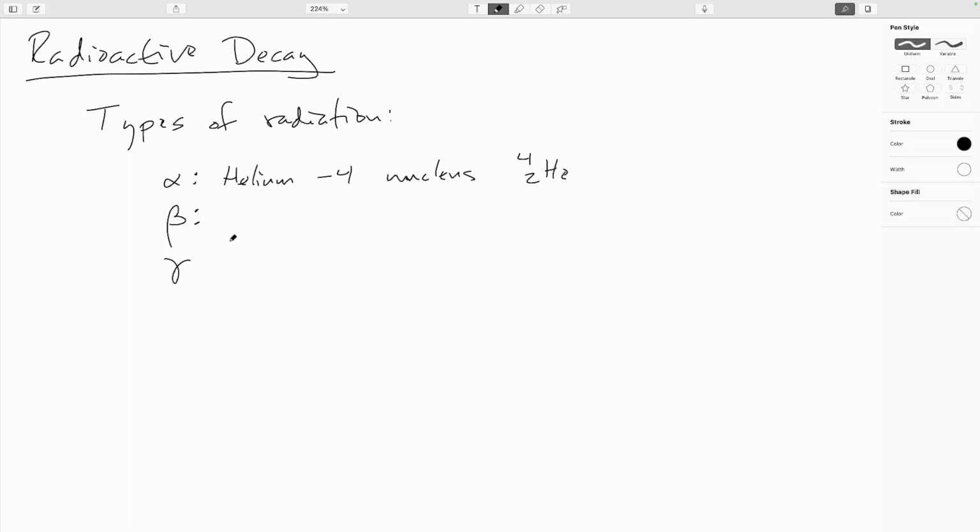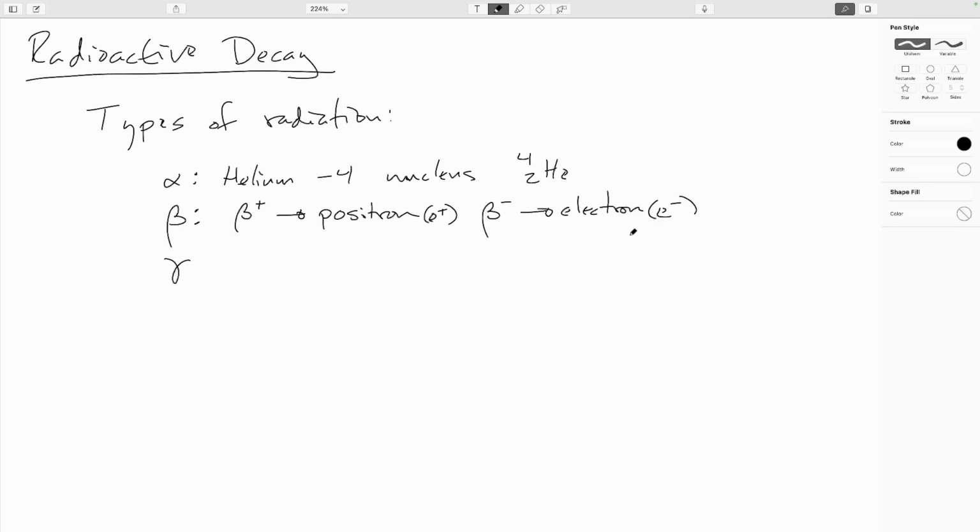Beta decay turns out it can be either beta plus or beta minus. These are charged particles. Beta plus corresponds to a particle called a positron, and beta minus to an electron. Now, a positron is not the same thing as a proton.